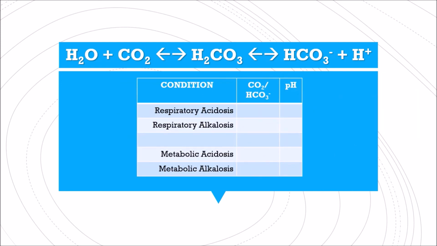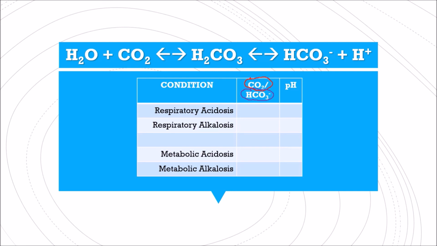So now we have this cleaned up to just a 2-column table, where the respiratory is going to be about the carbon dioxide, and the metabolic is going to be about the bicarbonate.